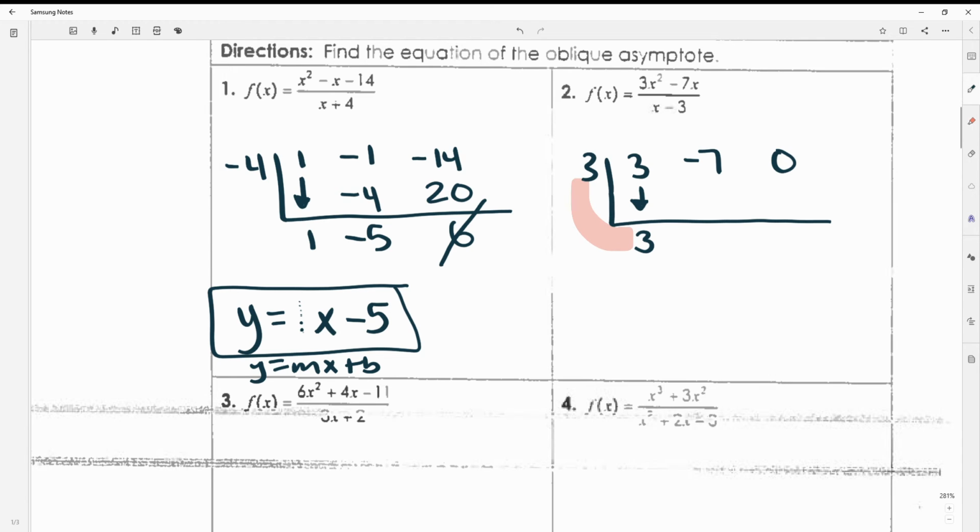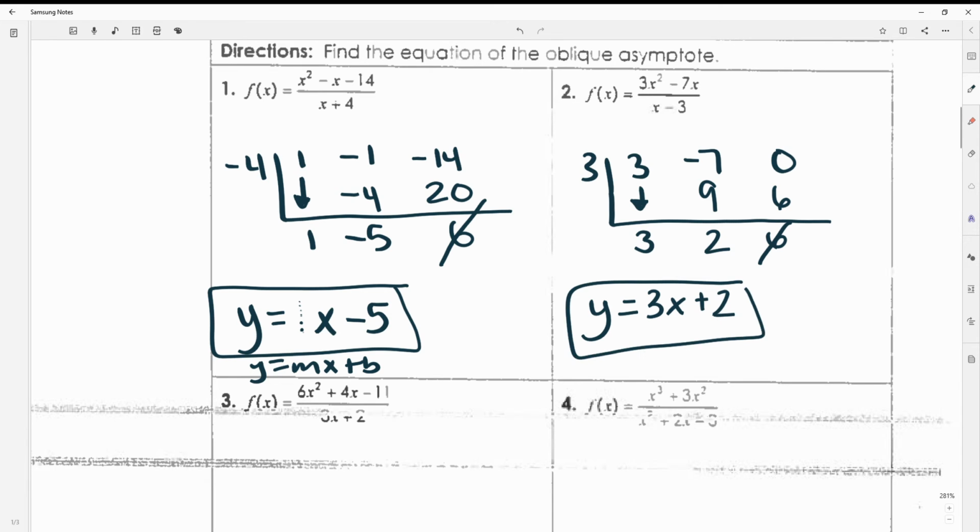So 3 times 3 is 9. When I add those up, -7 plus 9 is 2. So again, I'm just going to multiply, right? 2 times 3 is 6, which is my remainder that we're ignoring. And then I have my equation, 3x plus 2. That is the equation of my slanted asymptote. I'm going to put SA for slant asymptote.